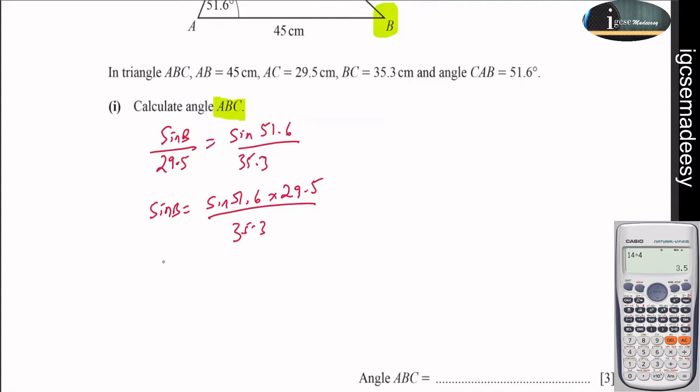So now angle B will be equal to sine inverse of these values, right? All these values. So let us do that.